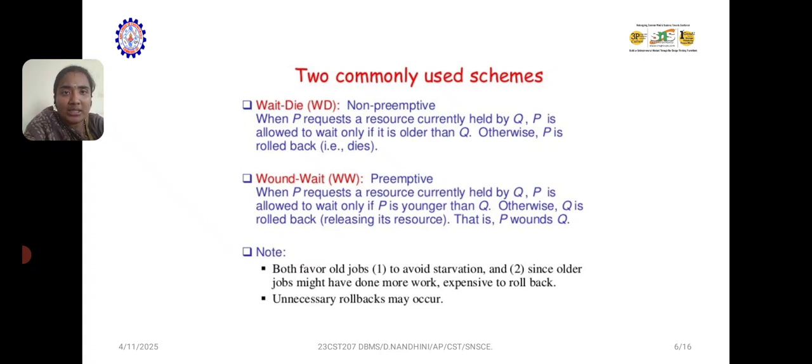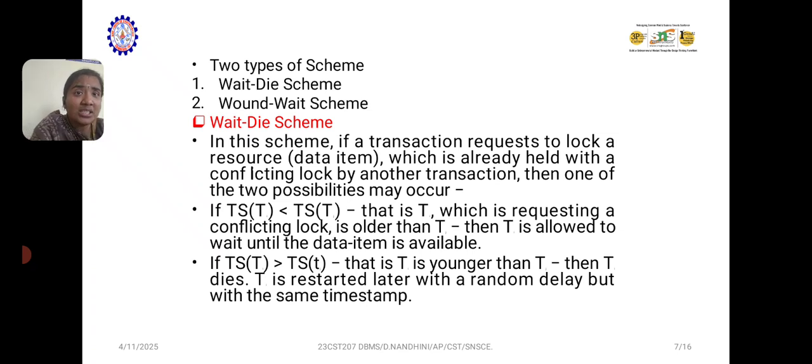What they are trying to say is, in wait-die, P requests a resource held by another transaction, and P waits till Q finishes its transaction, otherwise P dies. In wound-wait, P requests a resource from Q. If P is younger than Q, it waits; otherwise Q gets wounded.